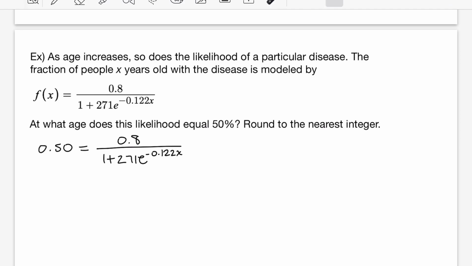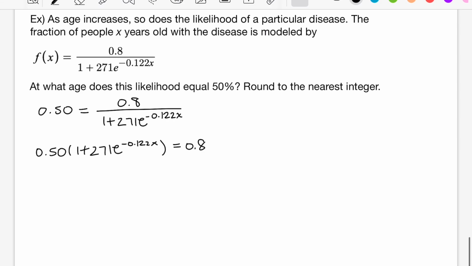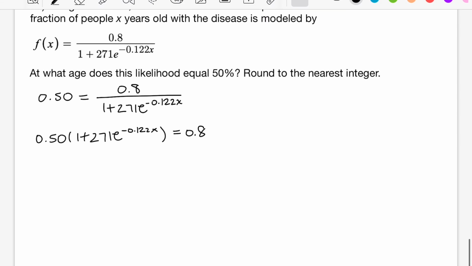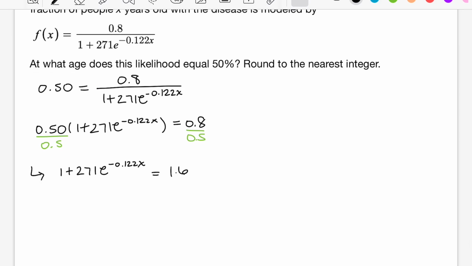The first thing that I'll do is I'll multiply this whole thing on both sides. So this will be equal to 0.8. Then I'll divide by 0.5 on both sides. Doing so, we get this on the left-hand side, and then 0.8 divided by 0.5 is going to be 1.6 on the right-hand side.